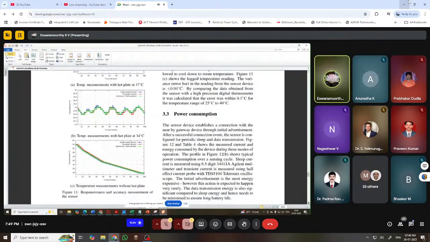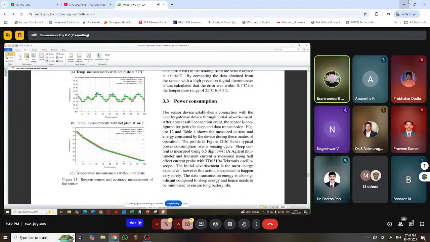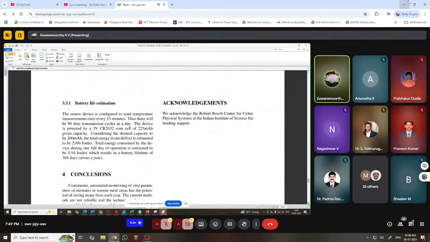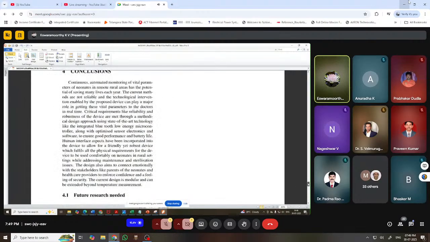For power consumption, they used an Agilent multimeter, and transient current they measured through a Tektronix oscilloscope, and they found that a 3 volt CR2032 kind of battery with 225 milliampere-hour capacity, at 96 data cycles every minute, is going to consume this amount of power, so the battery lifetime is around 388 days, about a year, right? So these are the things we have to consider.